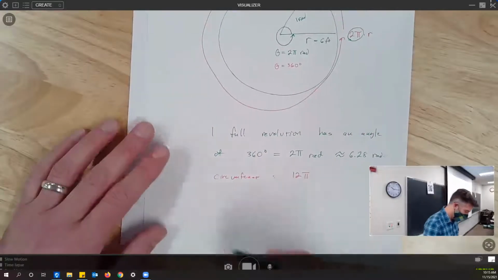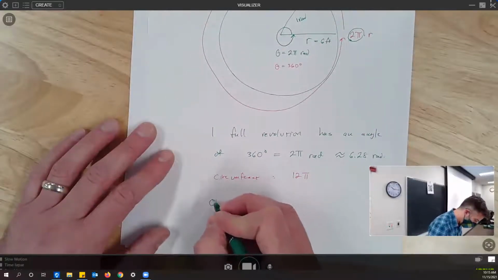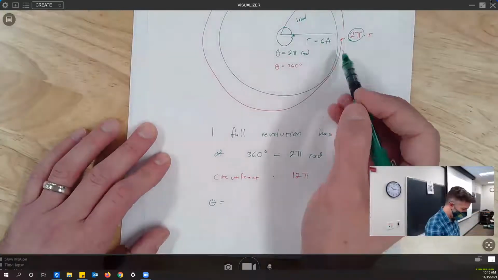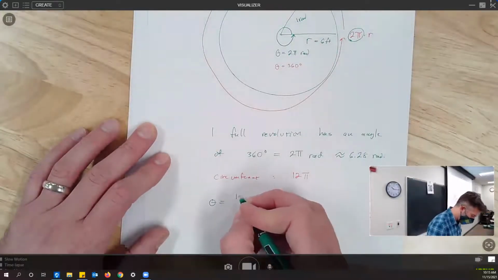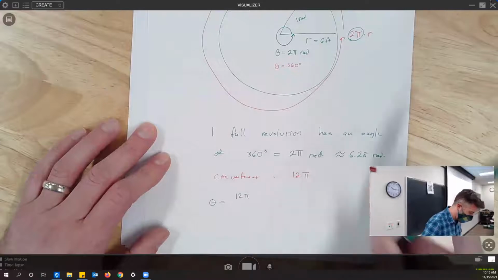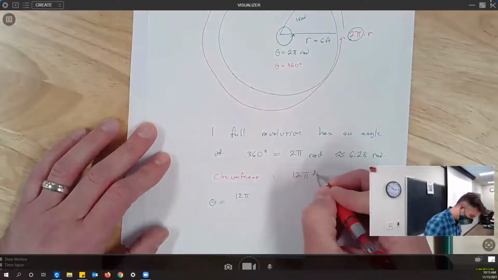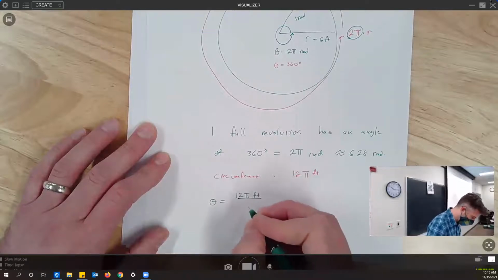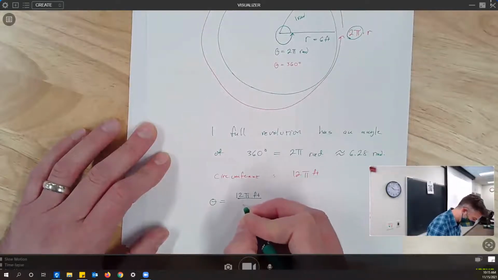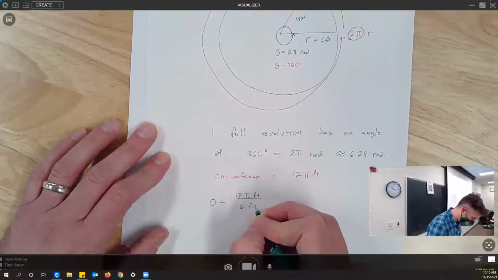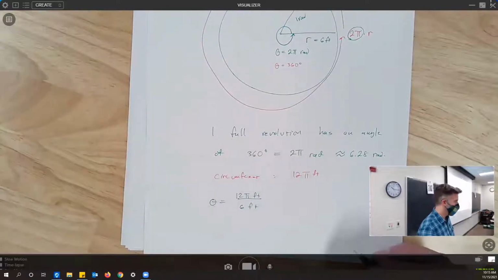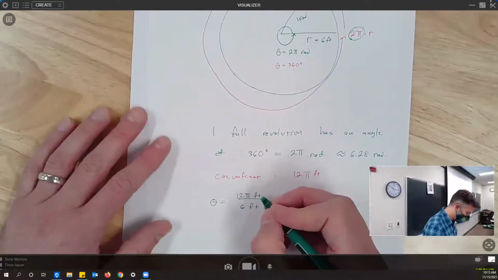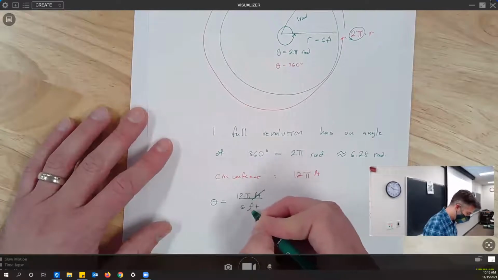Then the angle is the amount of circumference, I'm sorry, that was in feet, divided by the amount of radius. And of course, you get 2 pi. But look what happens to the units. They cancel out.